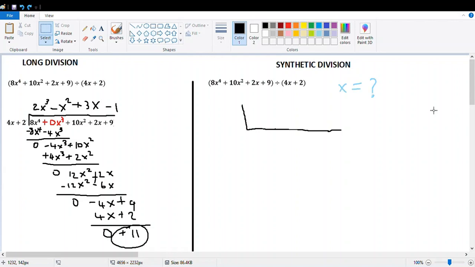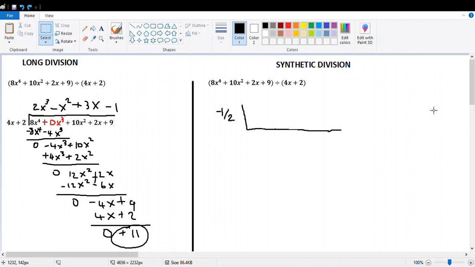The divisor is 0 if x is negative 1/2, because 4 times negative 1/2 is negative 2, and negative 2 plus 2 is 0. You have to think of a value for x that makes the divisor equal to 0. In this case, it's negative 1/2. That number you have to put in here.